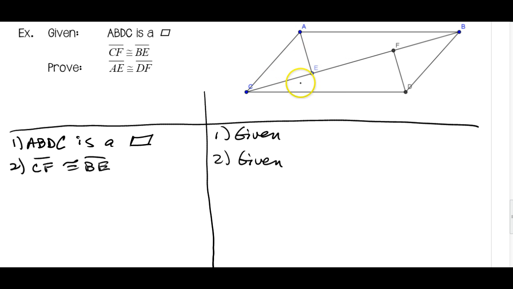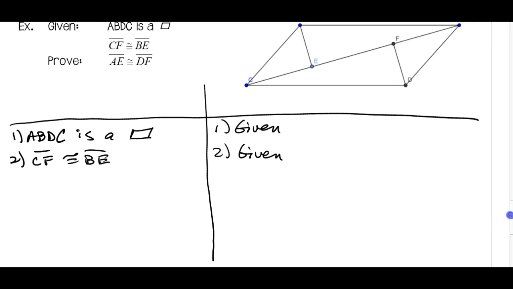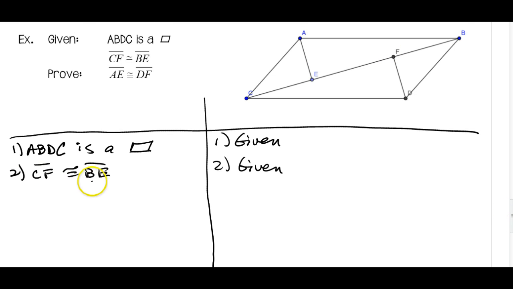So what I'm going to try and do is prove that these 2 little triangles on the outsides are congruent, and then AE and DF are just going to be corresponding parts. So since I've got CF and BE congruent, I know that CE is congruent to BF, and we're simply subtracting out this middle segment here.